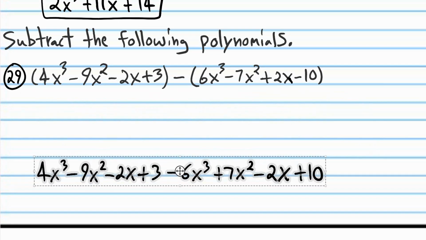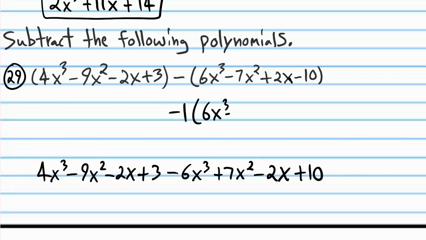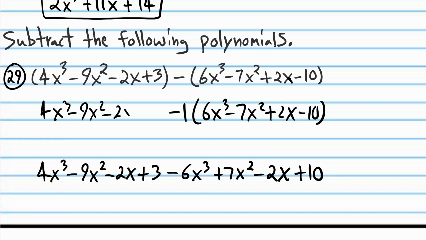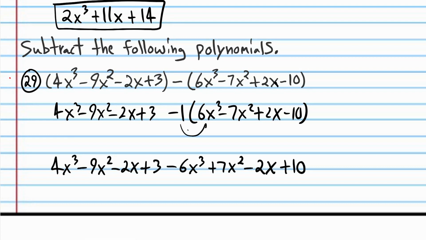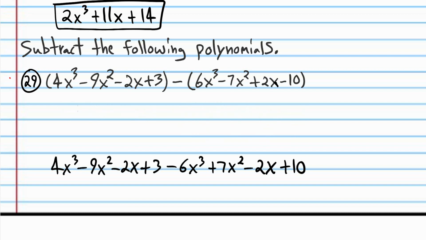Another way to think about it is this negative here is just negative 1 times all those terms. So you're just using the distributive property. You multiply negative 1 into all these terms, and they change sign, and then you just add the resulting polynomial to the first polynomial. So you can do it however you want.